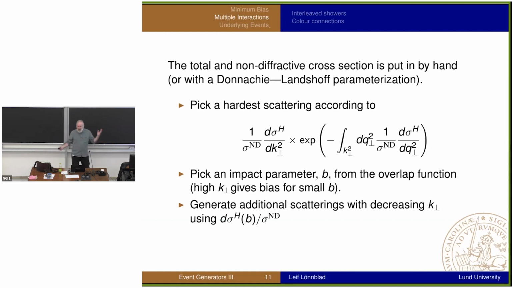However, you also need to think about that some collisions are more central than others. Some are just peripheral, they just graze each other. So there is some kind of overlap function you need to take into account, because the parton densities in what we had before assume you integrate over everything.